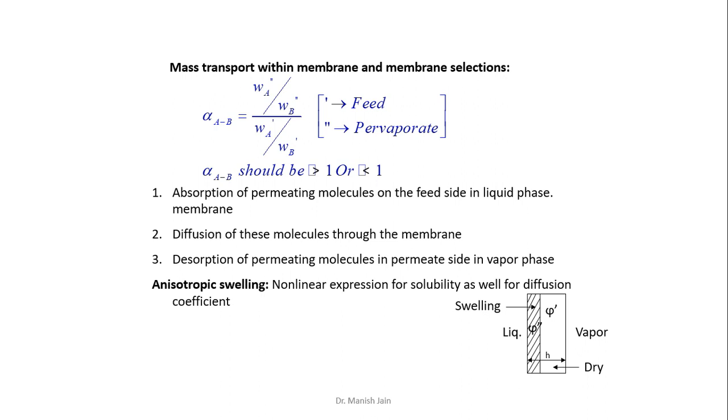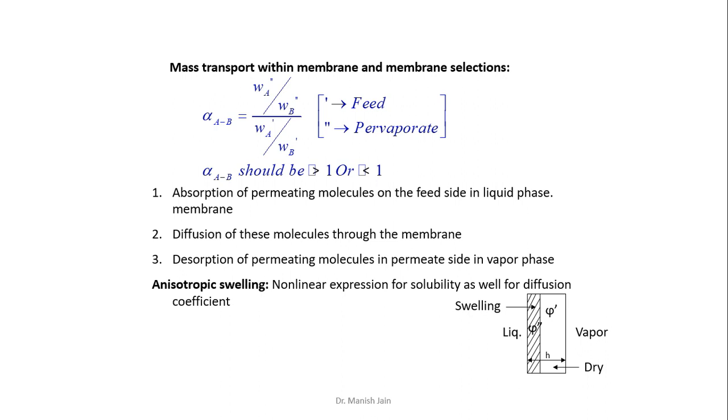Basically, when the molecules are absorbed, this is the liquid side, this is the vapor side. When the molecules of liquid absorb onto the membrane surface, at that time the molecules are present in the liquid phase. Once they absorb into the membrane surface, they are in the solid phase, trapped inside the solid structure.